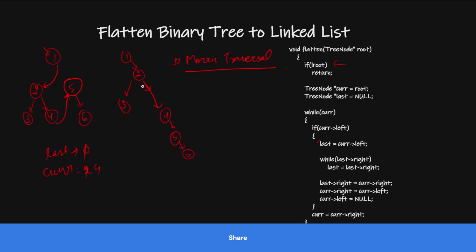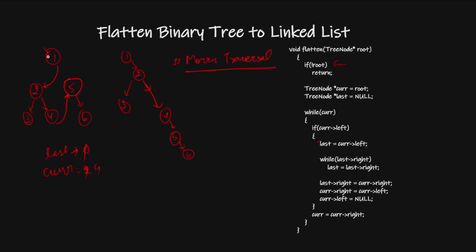Now my current will point to its right. So what will be current right? Now current right will be this 2. Sorry, last was 4. My last was 4.